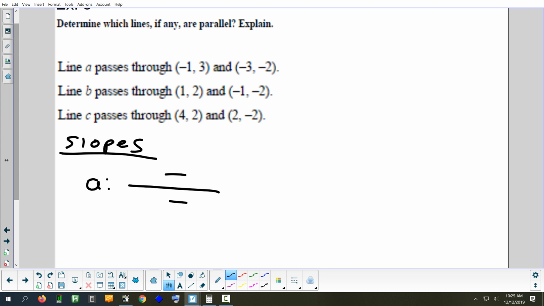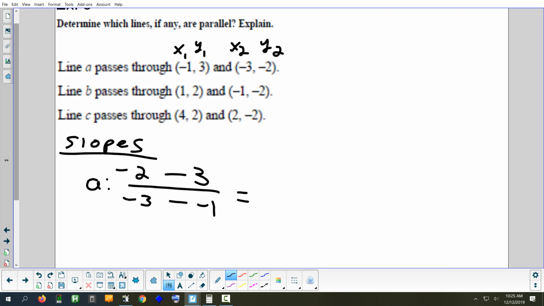Okay. What could I put in the upper left? To find this. Let's label them. X1, Y1, X2, Y2. -2. Yep. Upper right. 3. Lower left. -3. And the lower right. -1.